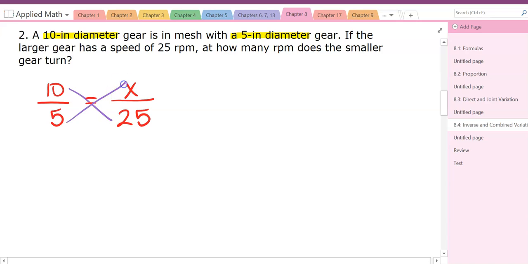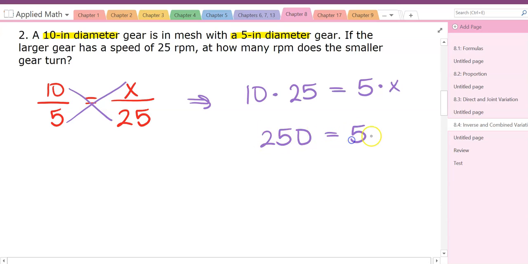Then we cross multiply again. So I'm taking 10 times 25 and setting that equal to 5 times X. So 10 times 25 is 250, and I set that equal to 5X. Then I divide by 5.